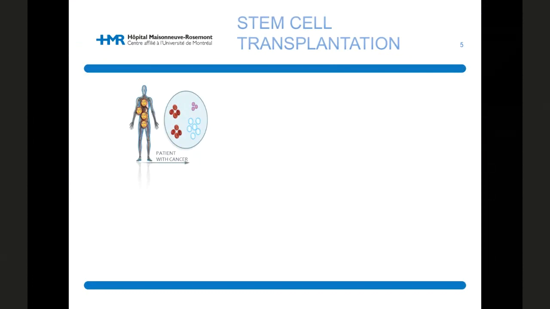And in these patients, we administer high-dose chemotherapy and radiation to kill off the cancer cells. But actually, by doing that, we also eliminate the stem cells, the bone marrow stem cells, and therefore patients are left with only transfusions to get their red blood cells and platelets, and we cannot replace the white blood cells. And we would be waiting very long for these to come back, if ever they are to come back.